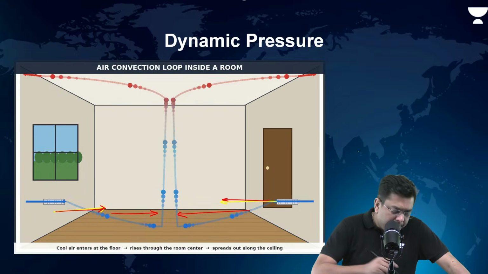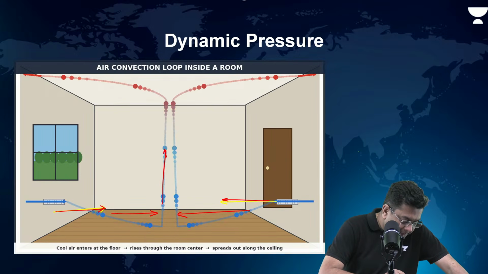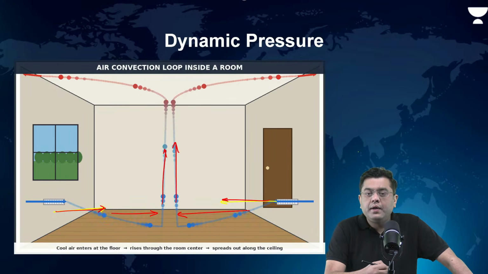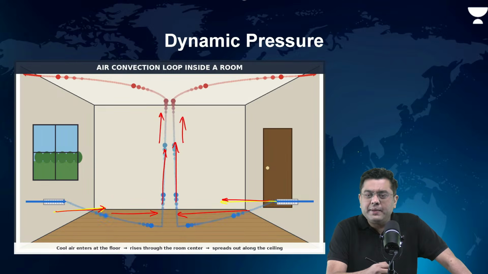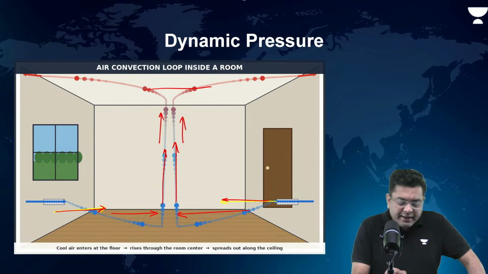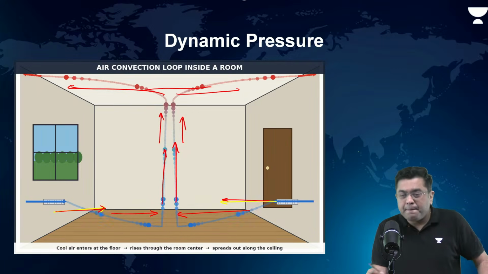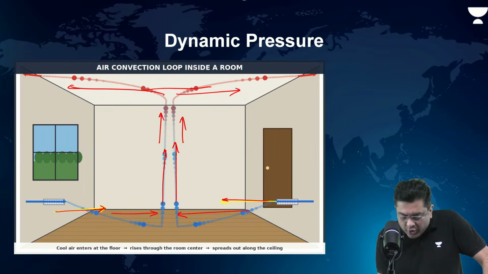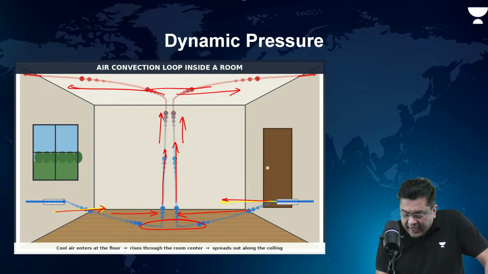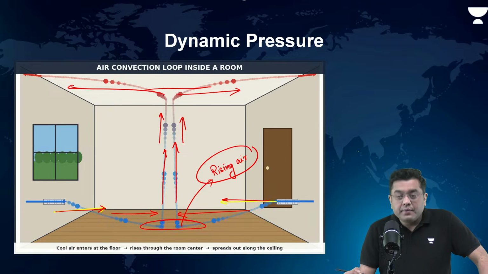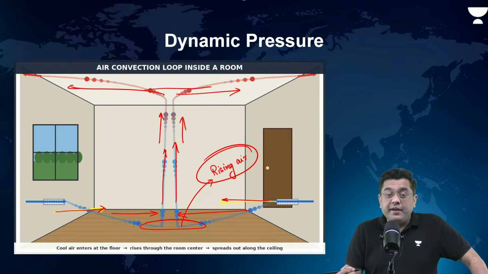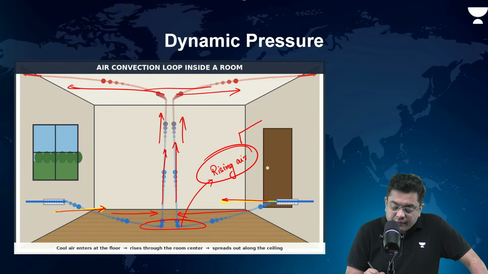It will collide. It will have to rise up. As it rises up, again, it has got no other place to go. It will hit the ceiling and then will move away. So, can I say on the ground surface, I have a column of rising air? And remember, rising air is condition of low pressure.